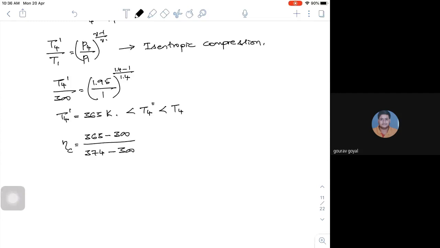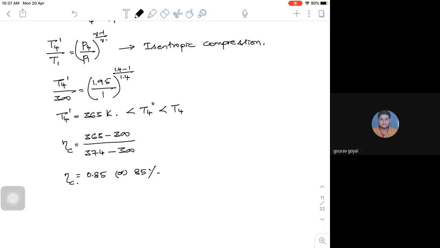It is 0.85 or 85% is the efficiency. 85% is the efficiency of your corresponding compressor. So all the unknowns which were supposed to be calculated from this numerical are done.